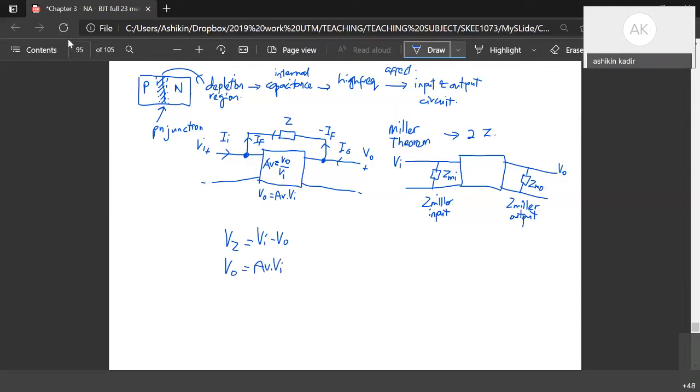So VZ equals VI minus AV dot VI. Simplifying the equation, we get VI times 1 minus AV.